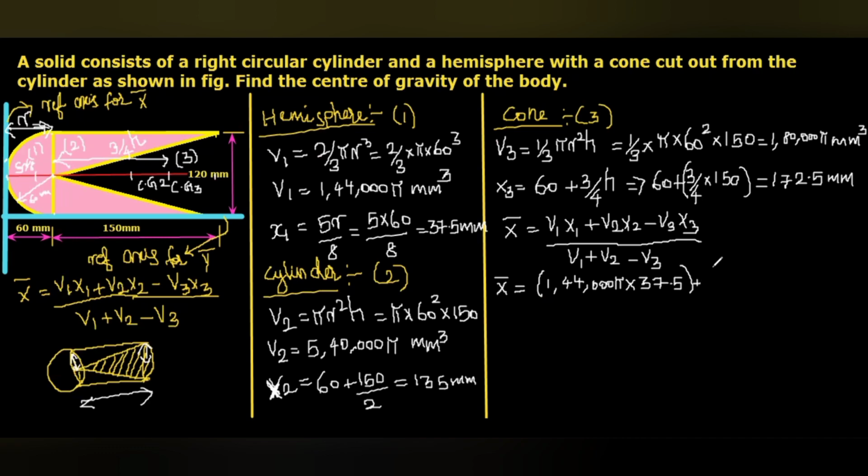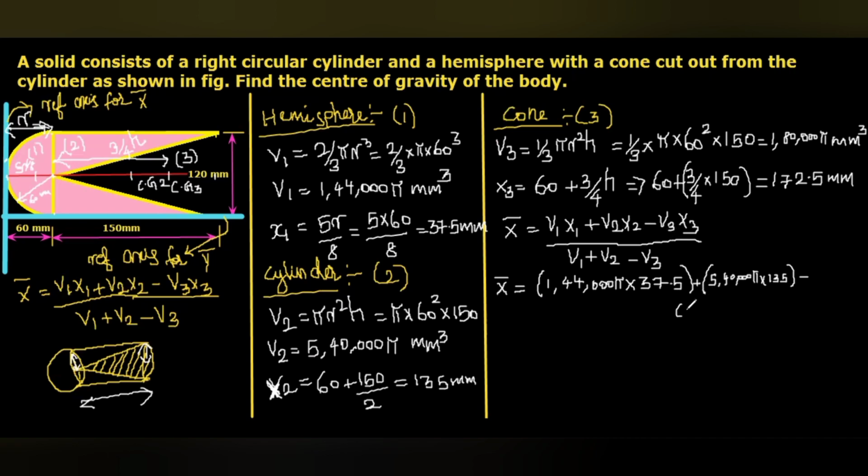Then plus V2, that is 5,40,000 pi multiplied with x2, that is 135, minus the third segment V3x3, that has to be subtracted. Here no space, that's why I just write below. But these are straight values: V1x1 plus V2x2 minus V3x3.